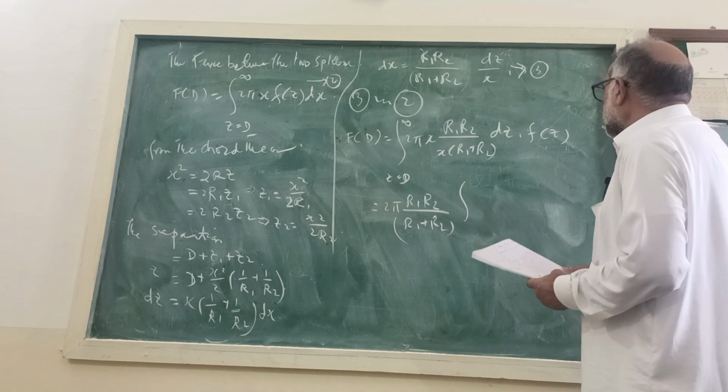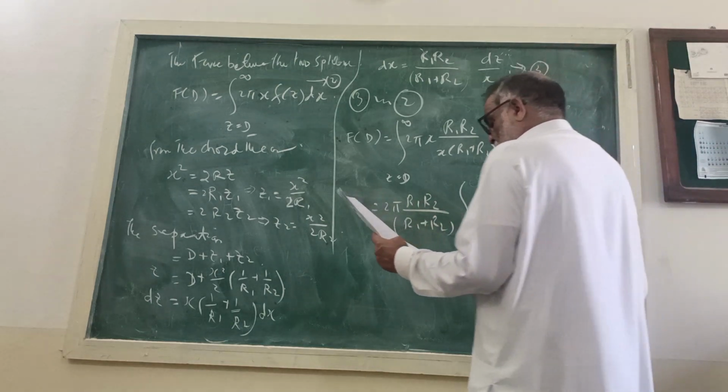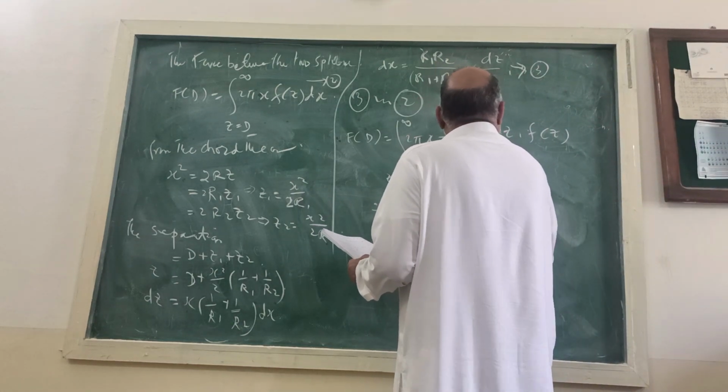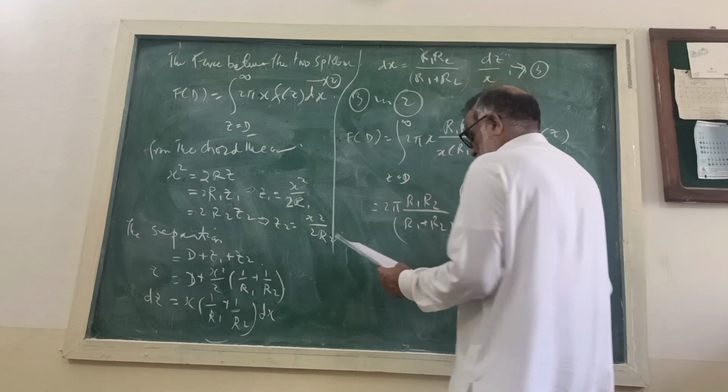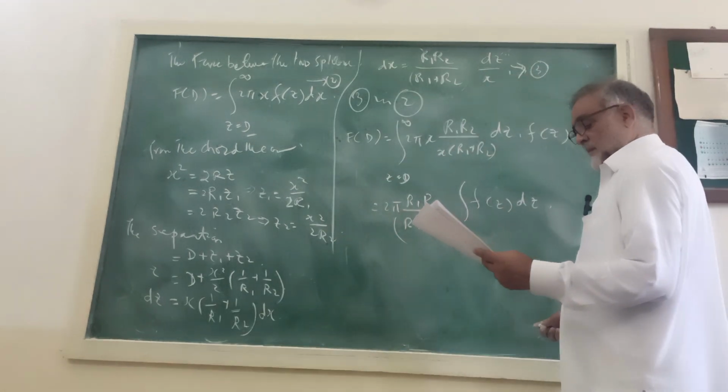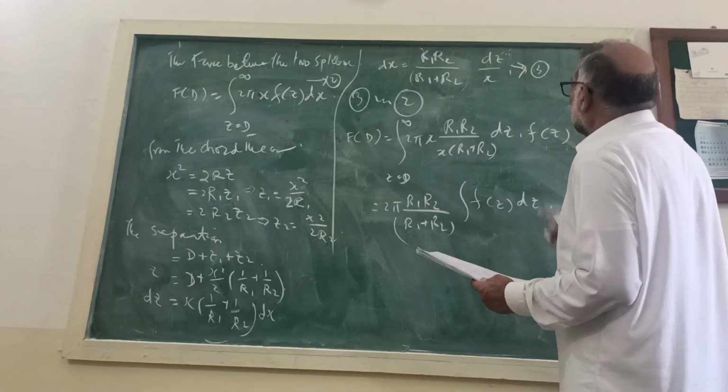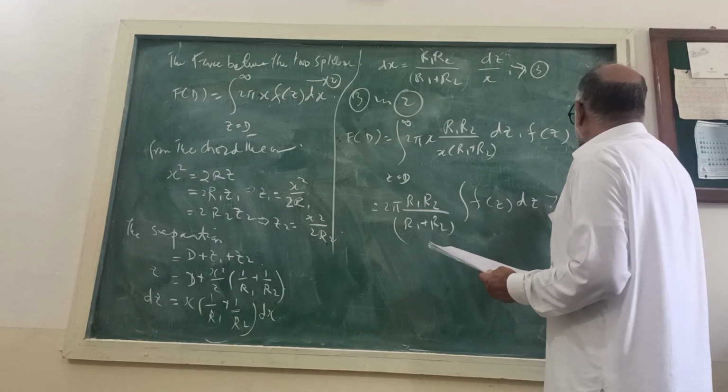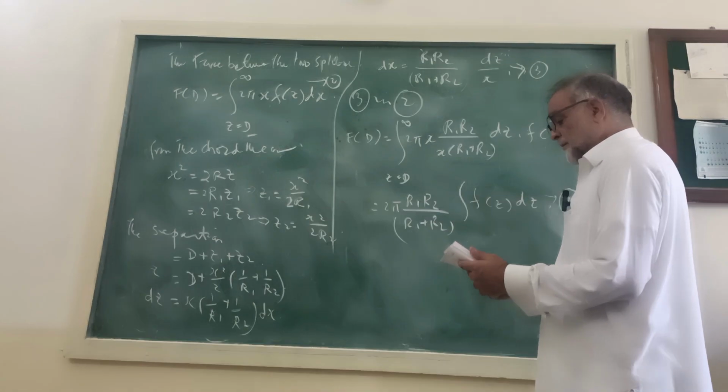Force per unit area. So that is f of z into dz. So let us mark this as force.